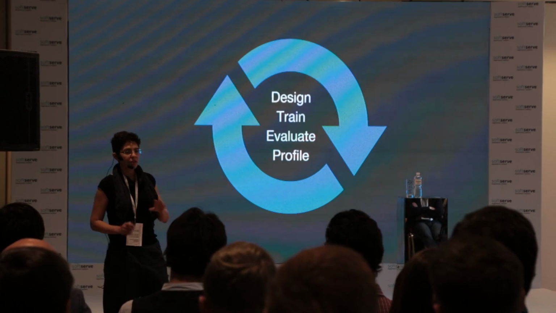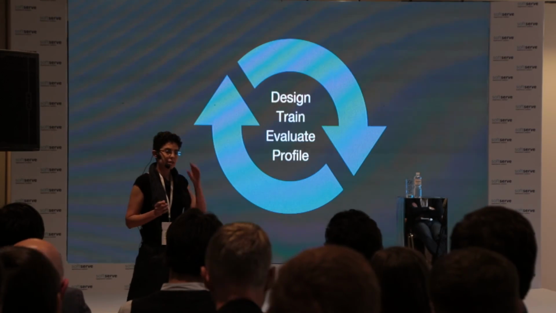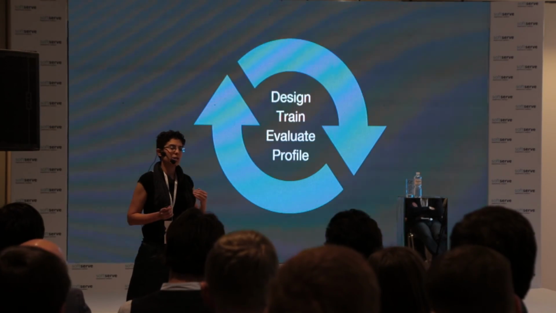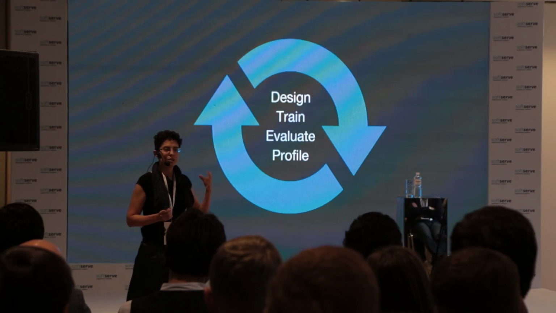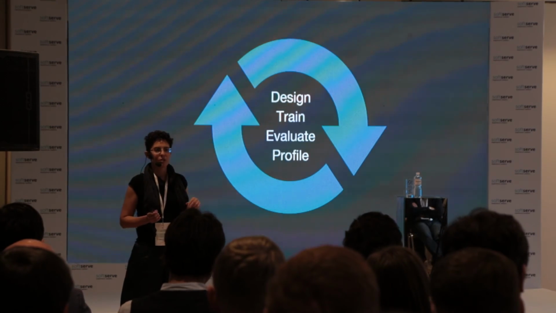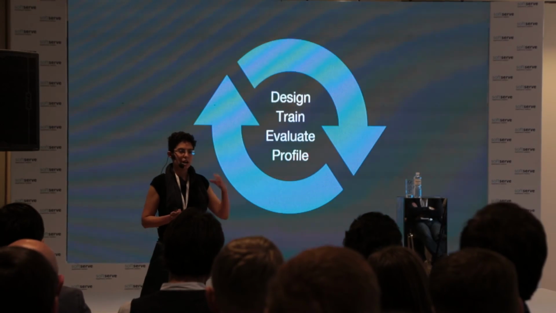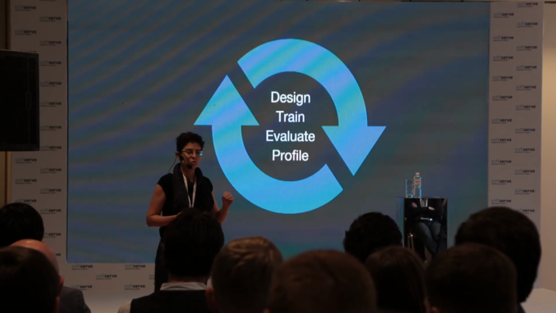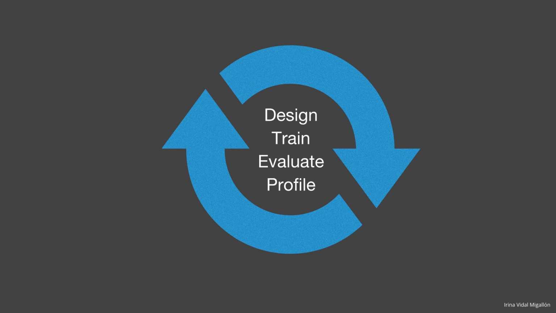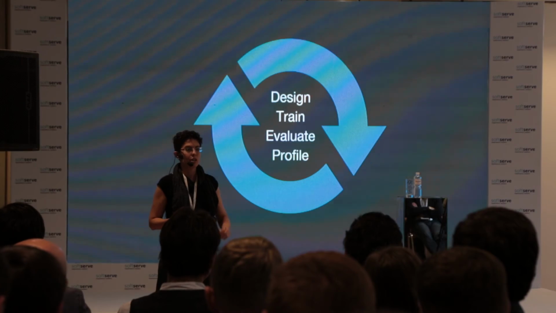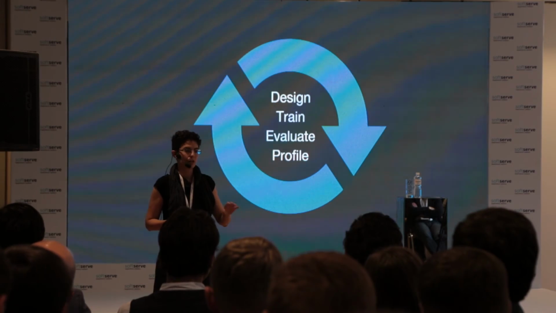But on top of everything, the most important thing here is that from the very beginning, you need to have a very fluid loop, a very fluid iteration between your design, your trainings, and your profiling. As early as possible, you want to have something deployed on the phone. If at the very beginning you only have a classifier, that's okay, deploy that and profile on that.